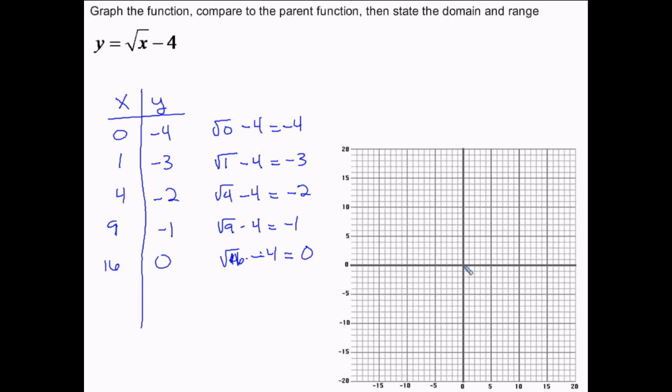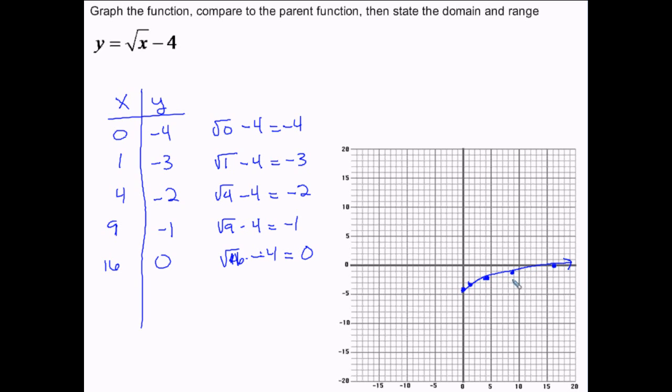So I'll plug those in. 0, negative 4. So we're starting here. 1, negative 3, 4, negative 2, 9, negative 1, and 16, 0.